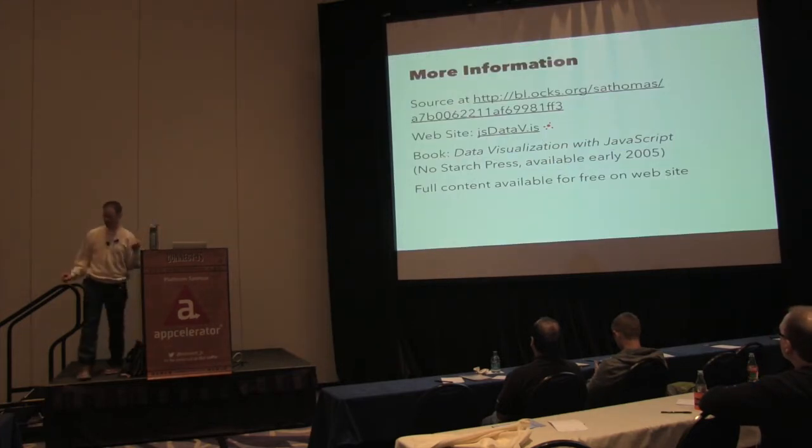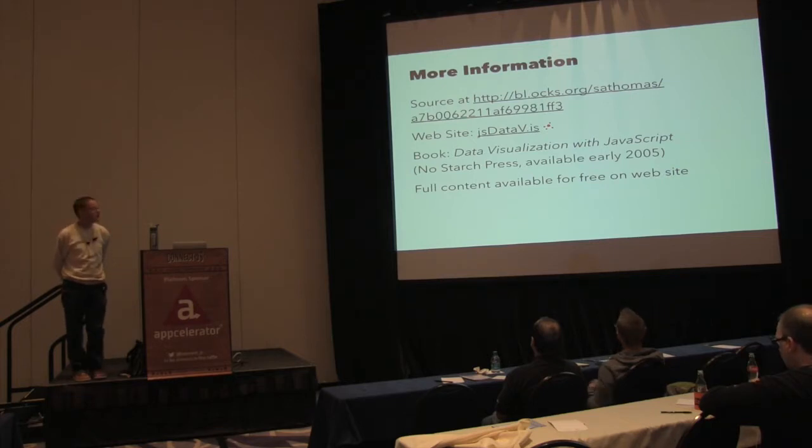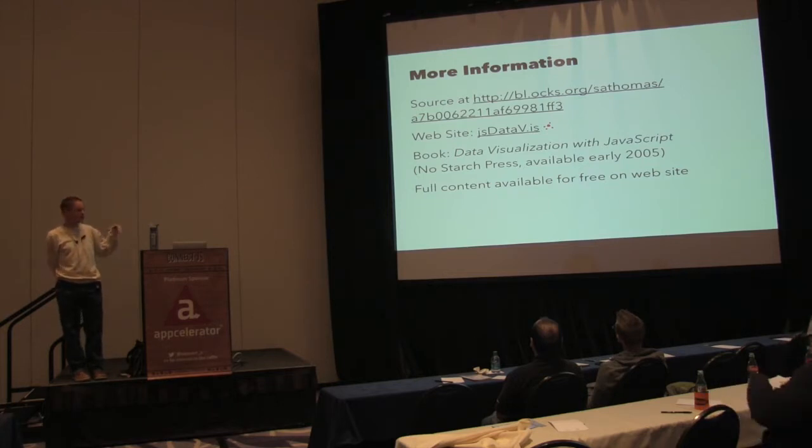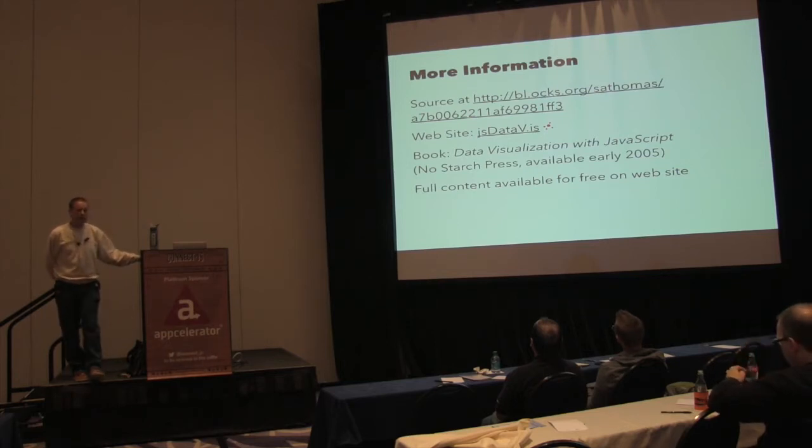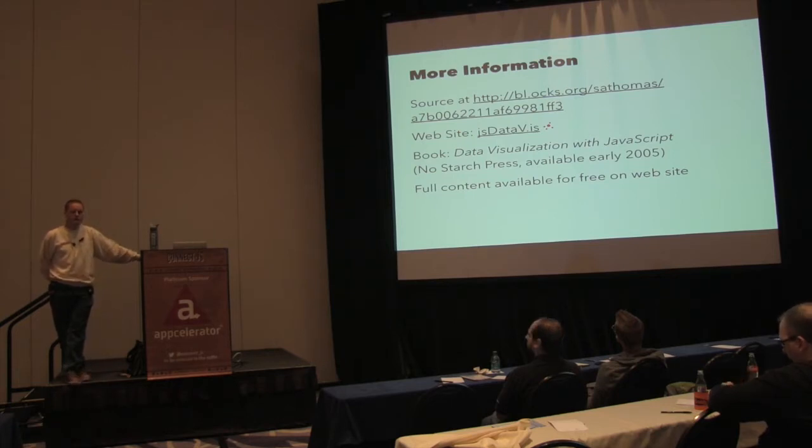Before I leave you, I want to give you some more information. The source for this example, the one that I just demoed, is available on blocks.org. Mike Bostock has set up this website, and it's a way of taking GISTs from GitHub, D3 implementations, and showcasing them.